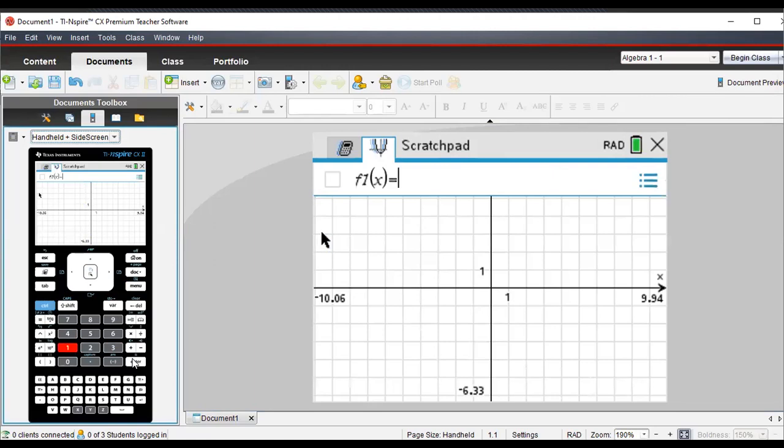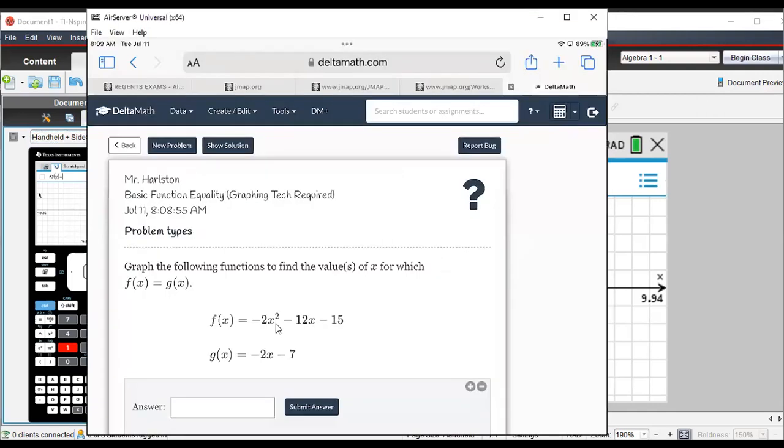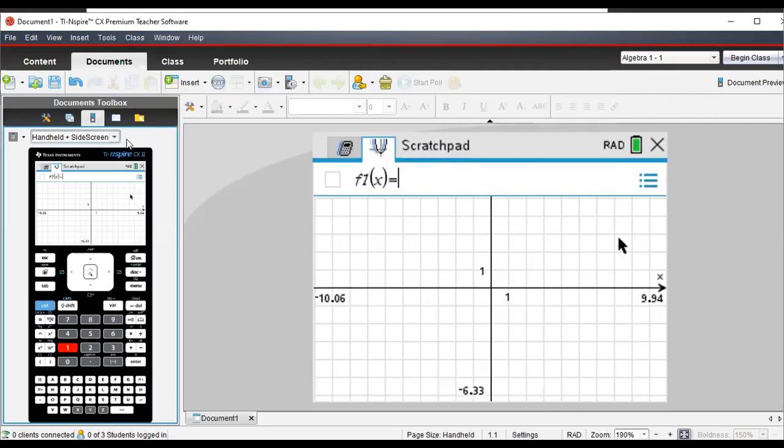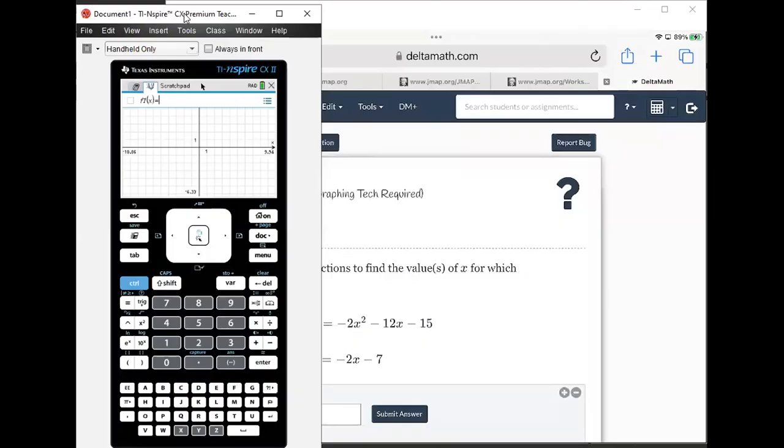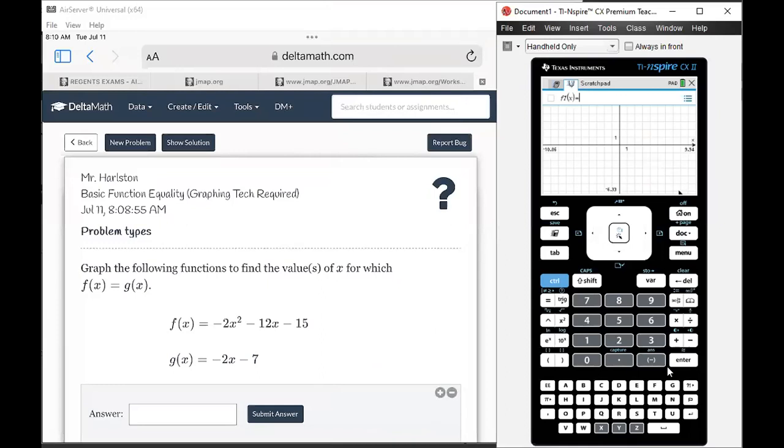And then I'm just going to enter the first function, -2x² minus 12x minus 15. And then I just graph it.